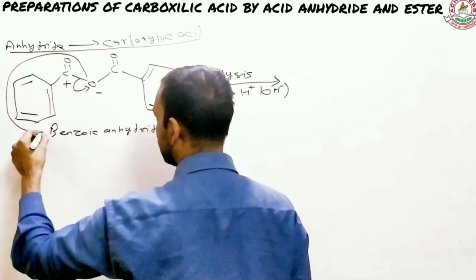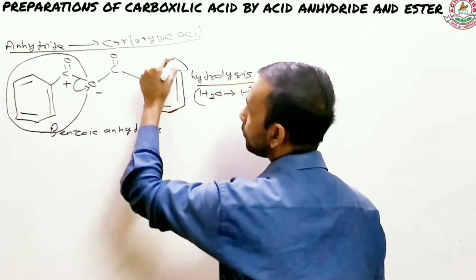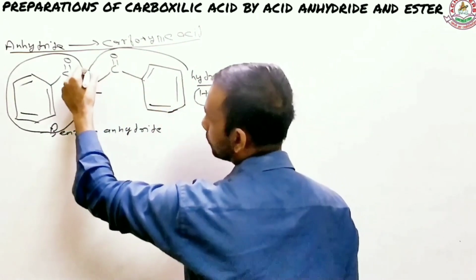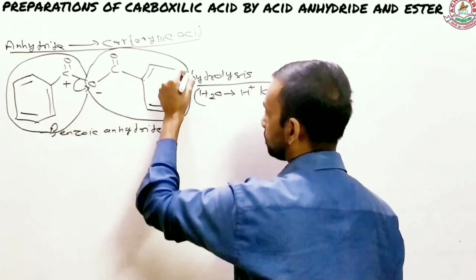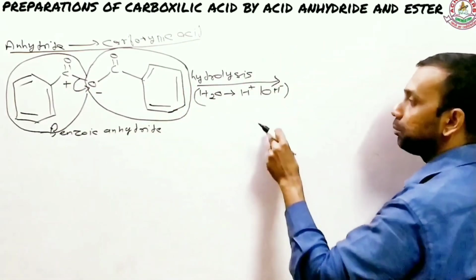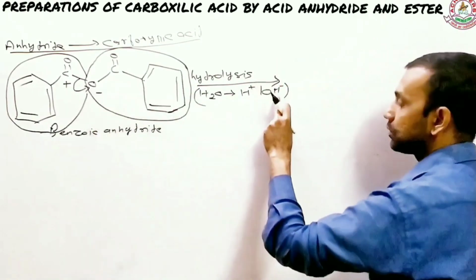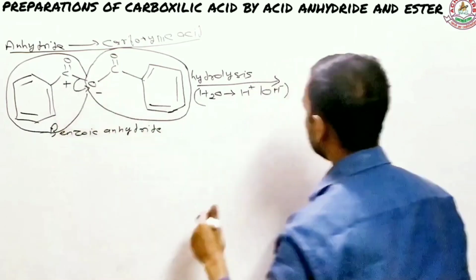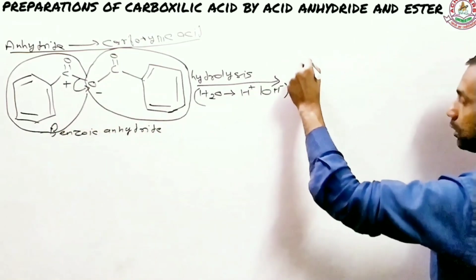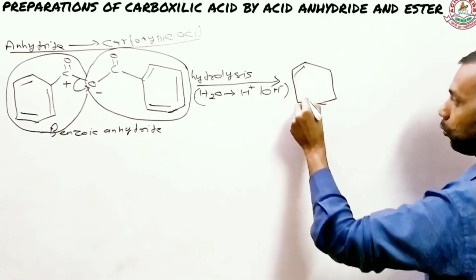You have this positively charged part and this negatively charged part, right? Now the interaction is important between the hydrogen ion, which will go with the oxygen, and this hydroxide, which will go with the carbon. So that's how you will get the two products. What are the products going to be? The products are going to be benzoic acid. What is this benzoic acid?